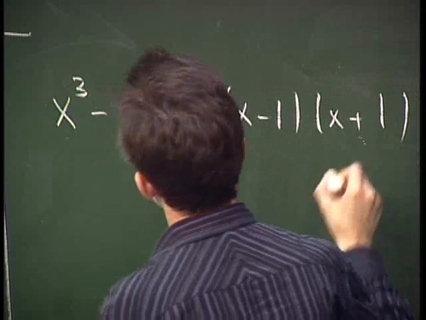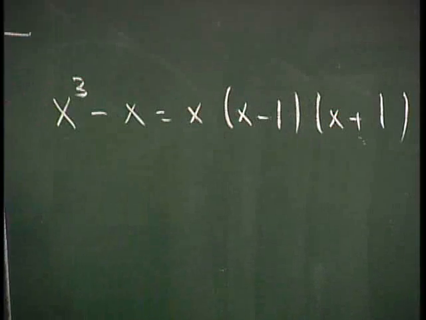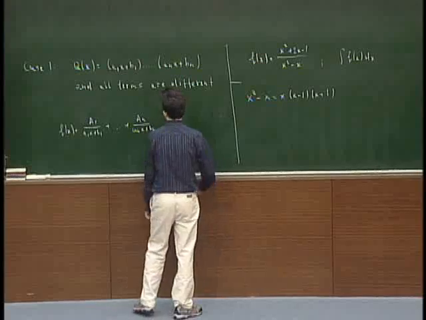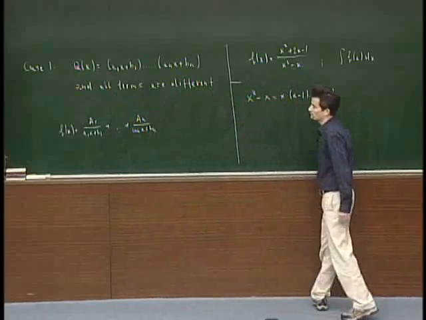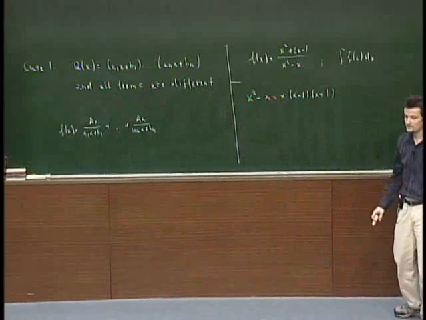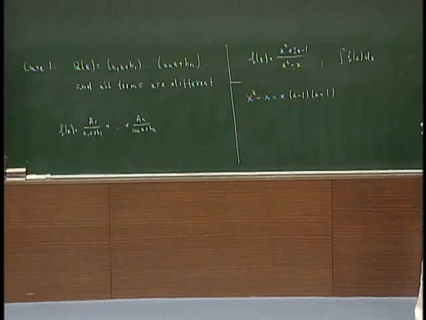So you see, in particular, that we are here in the first case. We can write q of x, the denominator, as a product of linear terms, all of which are different.